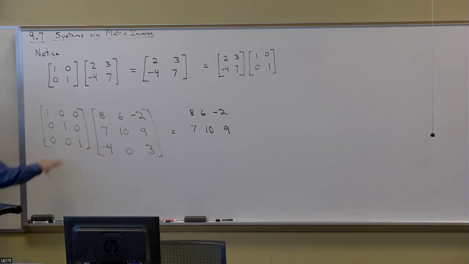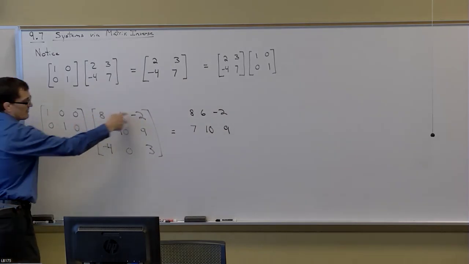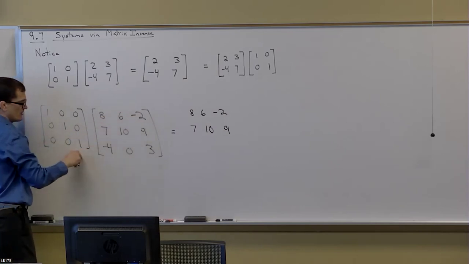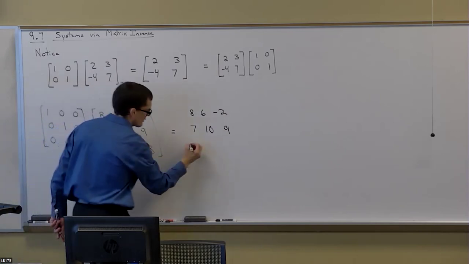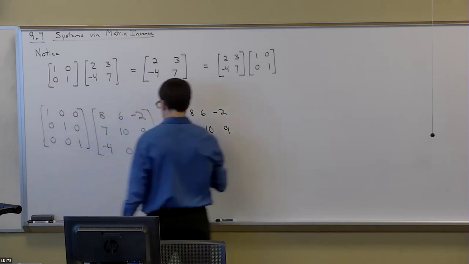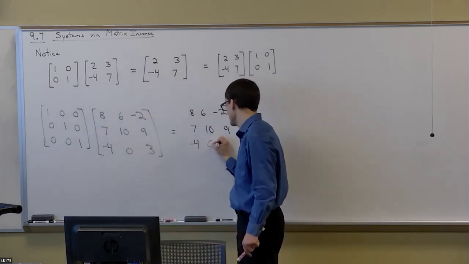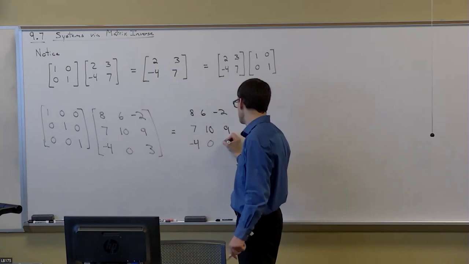And then I'm going to move on to the third row, and the 0's cancel out everything in here. So when you take the 1 times -4, you get -4. 1 times 0, you get 0. 1 times 3, you get 3.